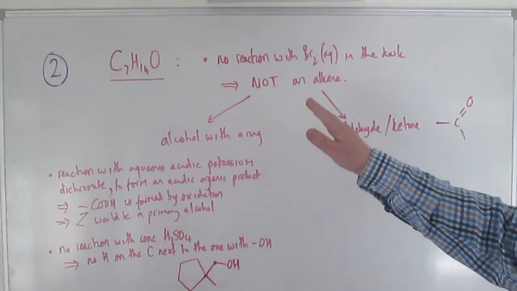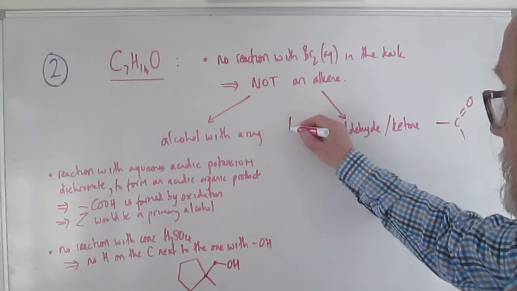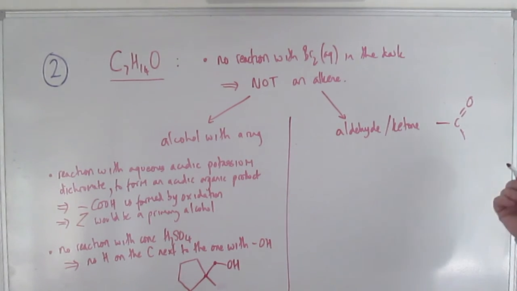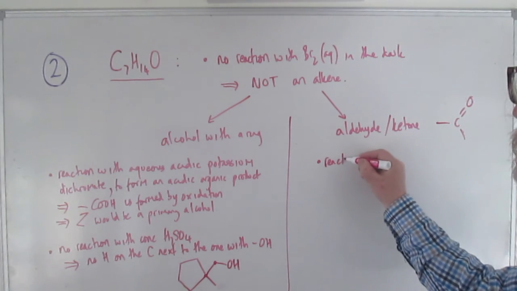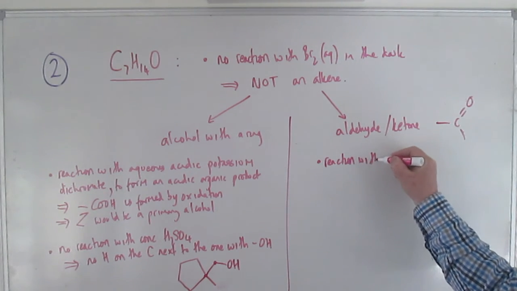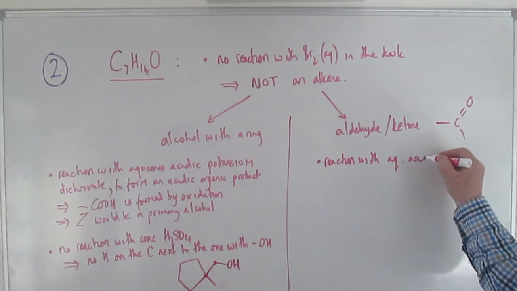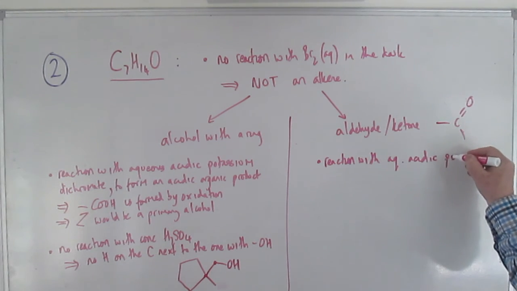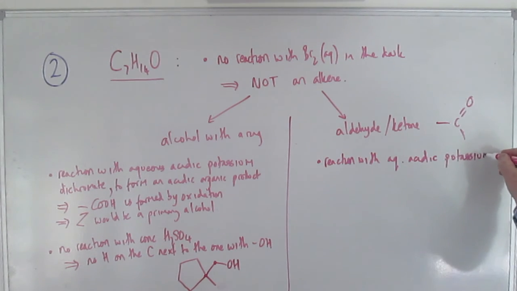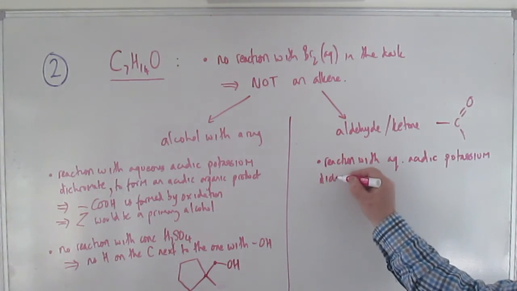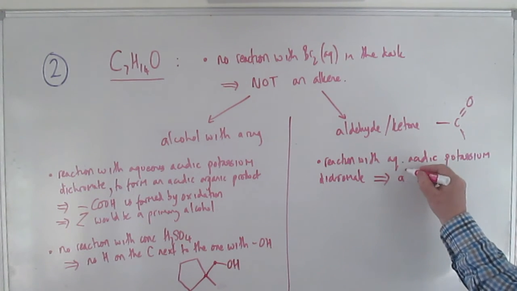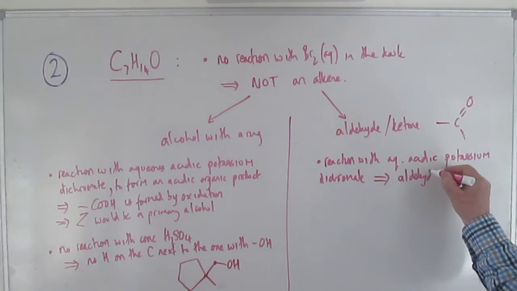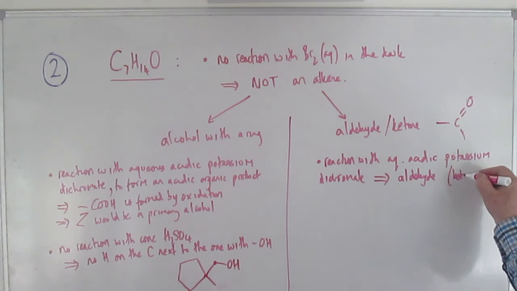But if you didn't go down that route and you chose to go down this route instead, and we said, right, it's an aldehyde or ketone. So again, we look at the information. So the reaction with aqueous acidic potassium dichromate, that immediately tells you it's an aldehyde, not a ketone. So that means aldehyde, because ketones don't react.